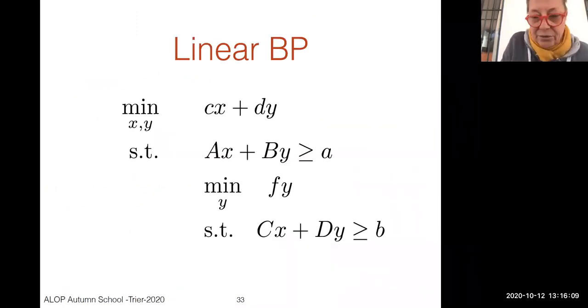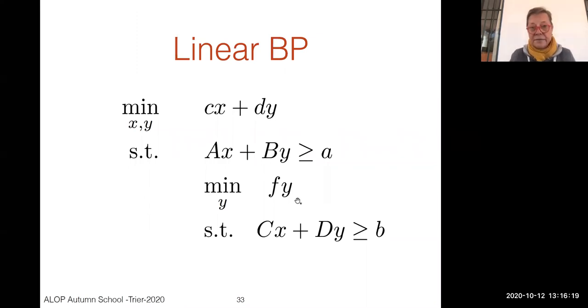So just to remind you, here is the general formulation of a bilevel optimization problem in which everything is linear. X is the vector of the first level, or leader, variables. Y is the vector of the follower variables.